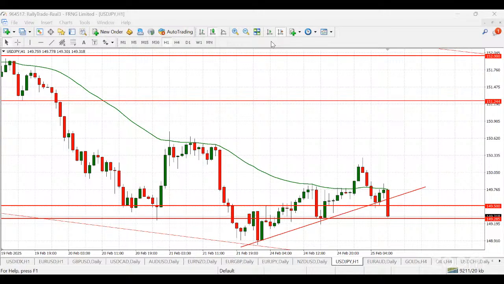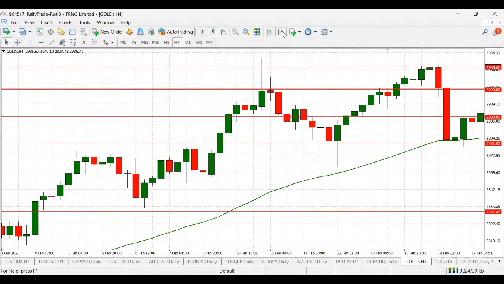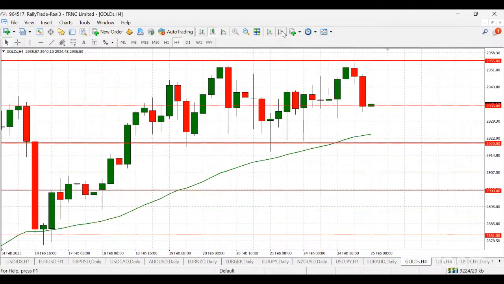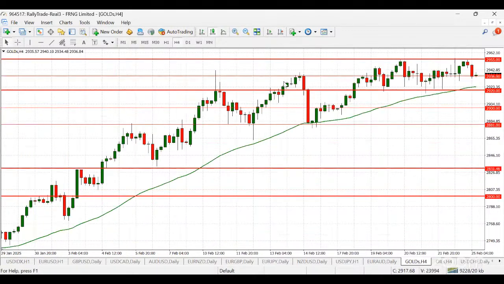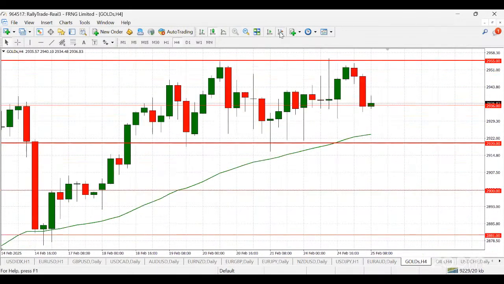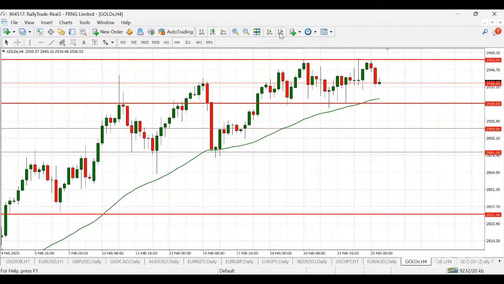All right, so let's check gold up next for Abel. Okay, so this is gold on the 4 hours time frame. No doubt it has been aggressively bullish, and this is as a result of the uncertainty going on with major economies.